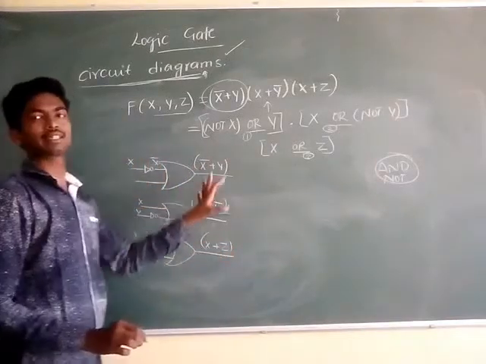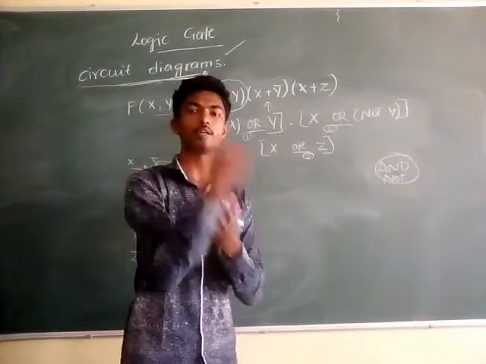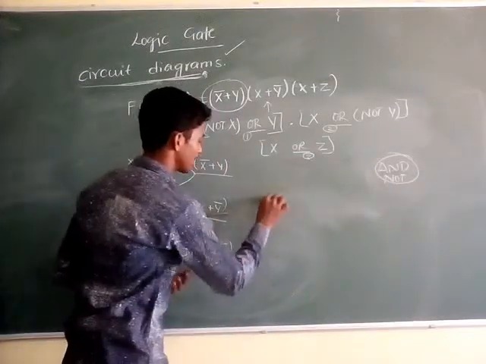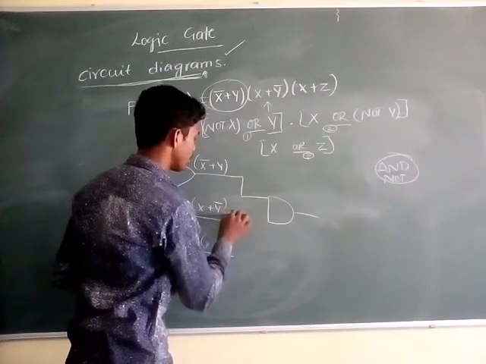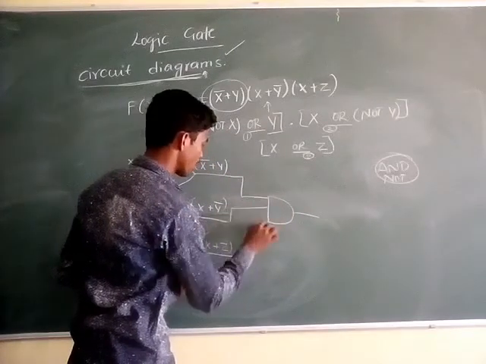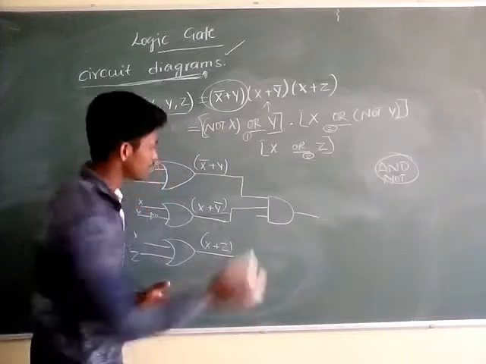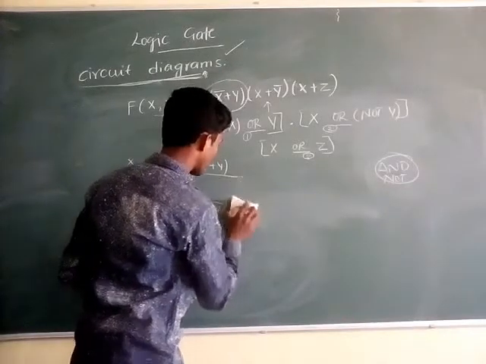If you connect these three outputs as the inputs for an AND gate, a three-input AND gate, then it will be the output, the finalized circuit diagram for the given expression.